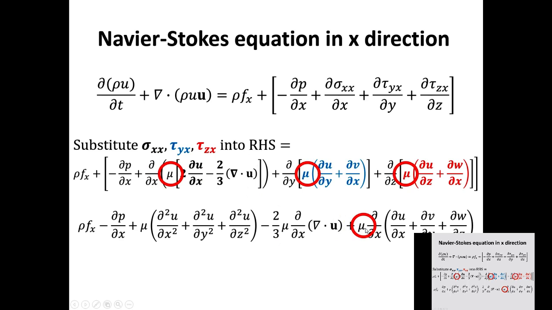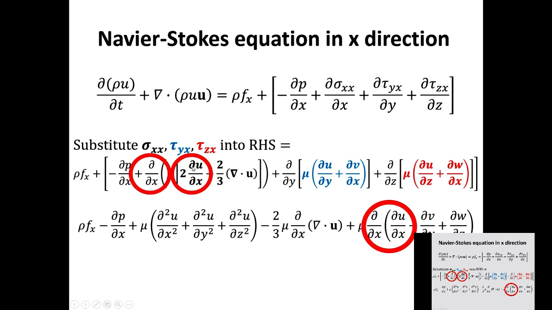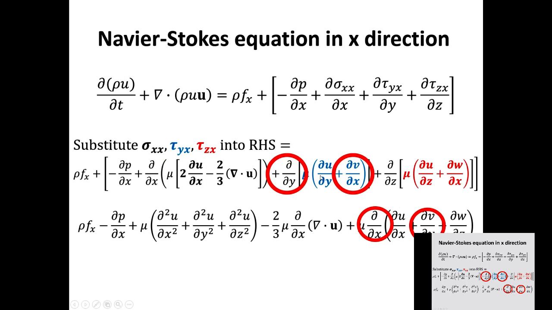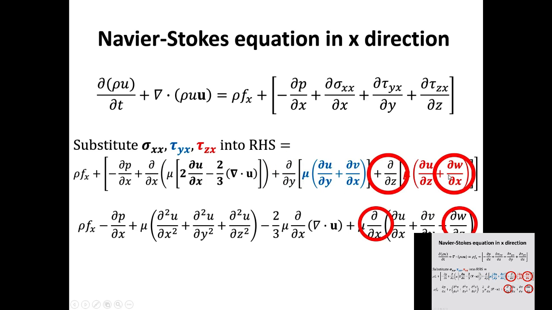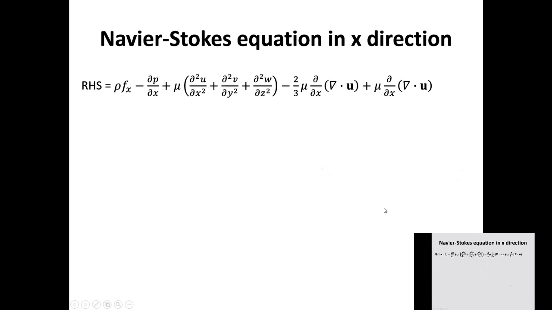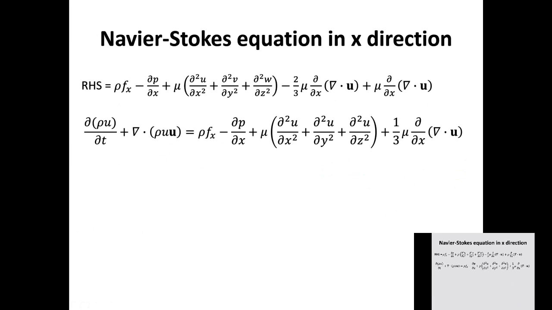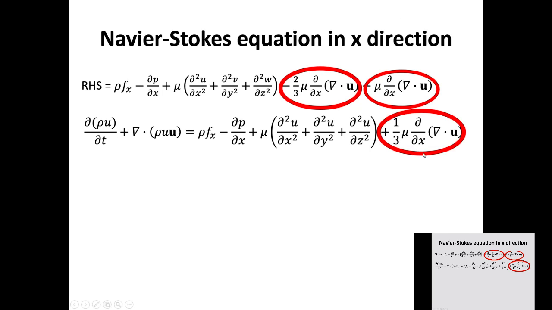That mu is those three mu's, and ∂/∂x times ∂u/∂x comes from here, and y comes from there, and these terms come from here, and that is called nabla dot u. So that is my complete Navier-Stokes equation. And you can simplify these two as well to 1/3.